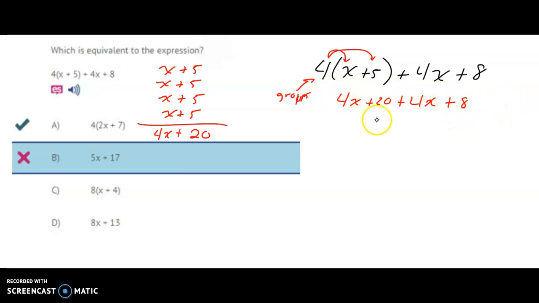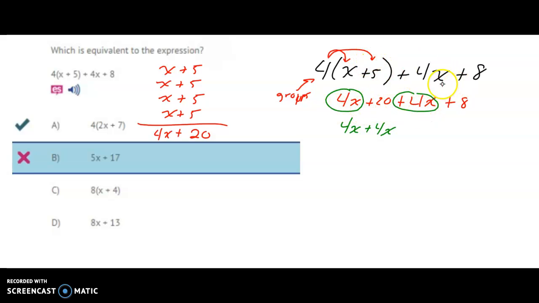Now I want you to look at this row. Are there any like terms? Yes, there are. The x's are alike. So I'm going to use the commutative property to move my x's together. So I have a 4x and a plus 4x. So 4x plus 4x, right? Those are two.